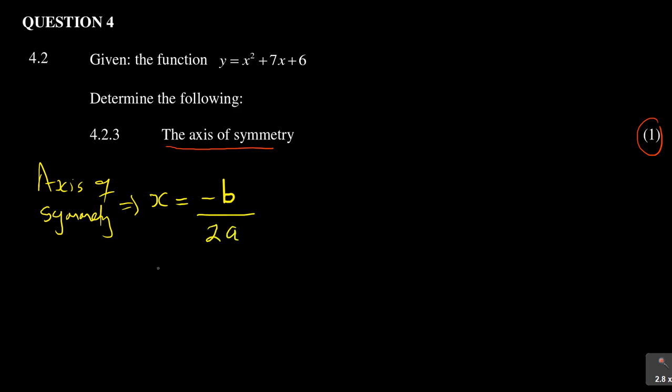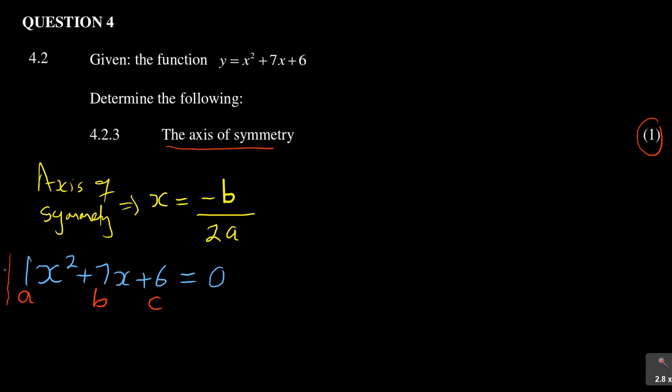So this is the formula. You need to now identify what a, b and c are in this case. Remember when we wrote it previously, I said x squared plus 7x plus 6 is equal to 0, and I said there is a 1 there, and we identified this as our a, that is our b, and that is our c.